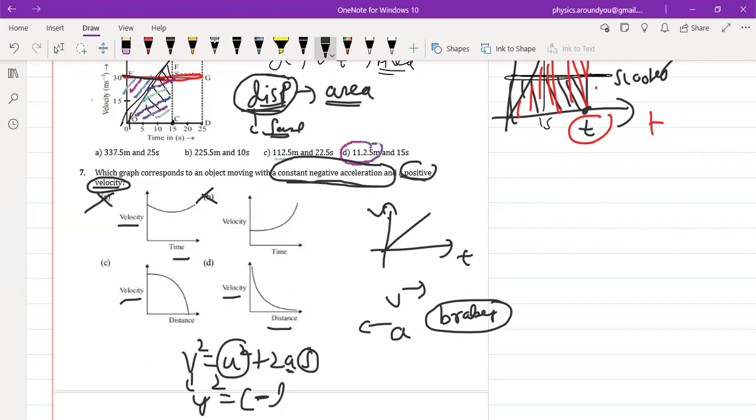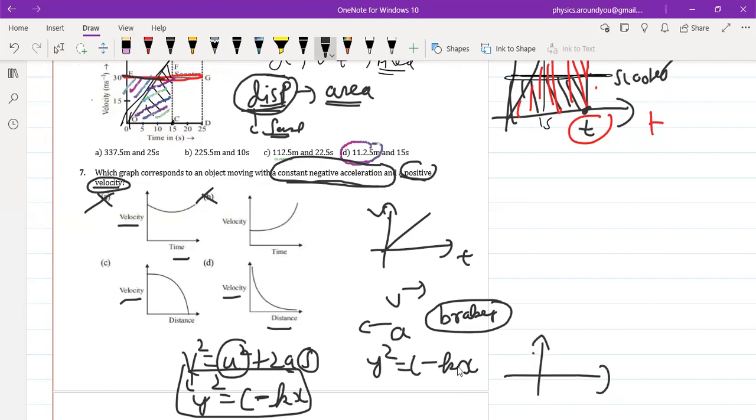Acceleration is negative, so some number kx like that. Which mathematical curve is y square equal to some constant minus kx? Here is where the graphing knowledge would be extremely handy.